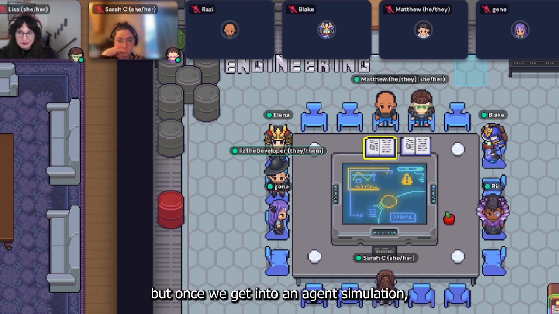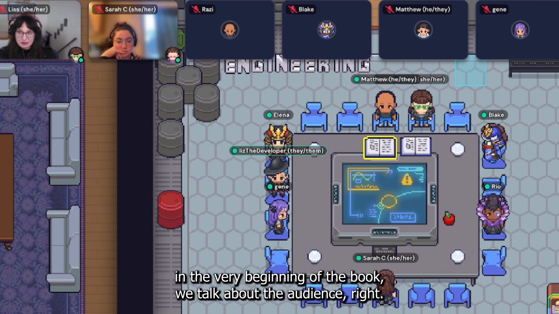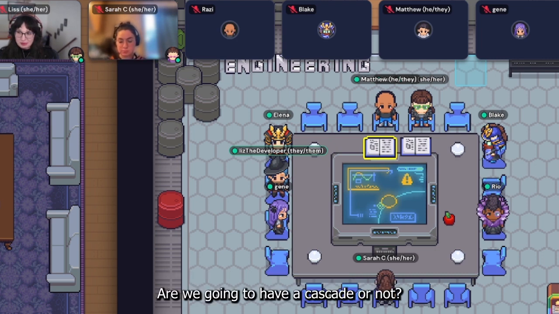But once we get into an agent simulation, and this is sort of shown in the book, at the very beginning of the book we talk about the audience, and trying to figure out, are we going to have a standing ovation or not? Are we going to have a cascade or not is the question. And it gets into the bees.